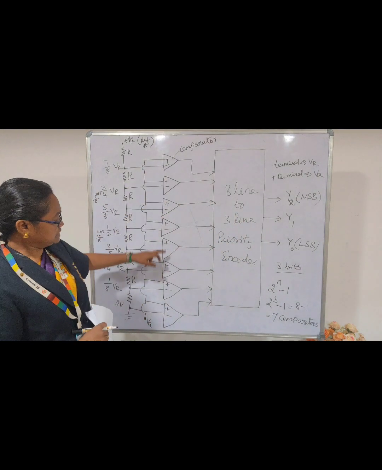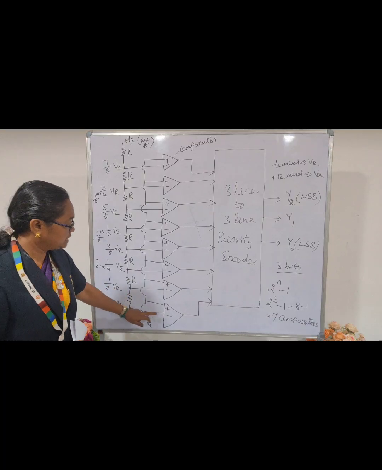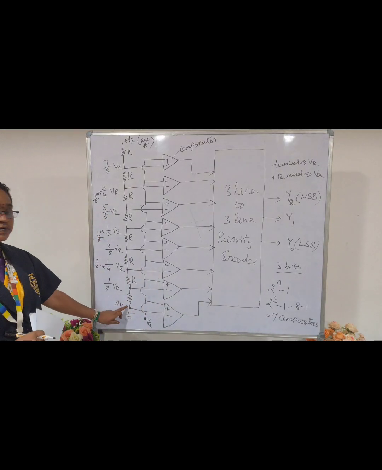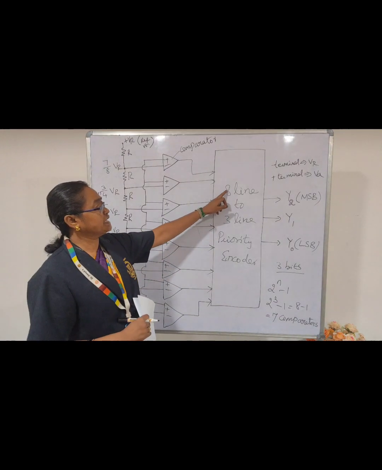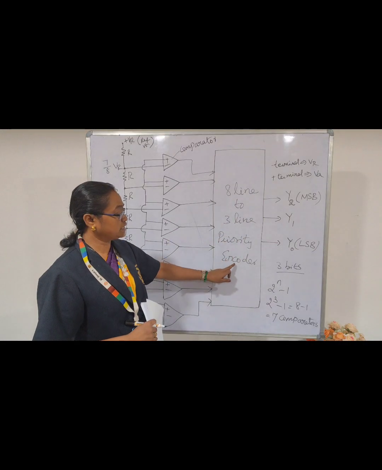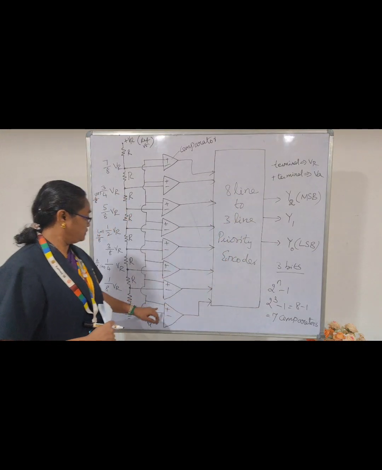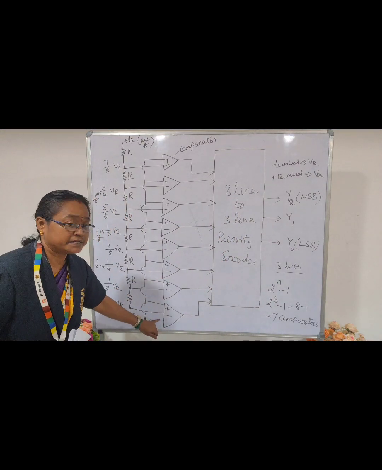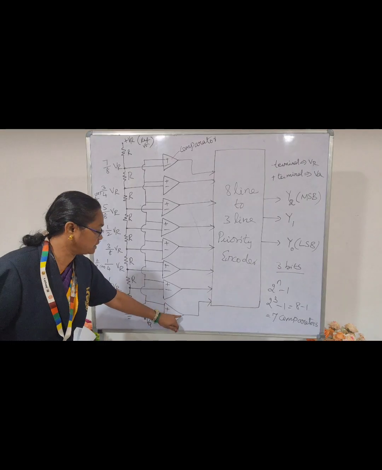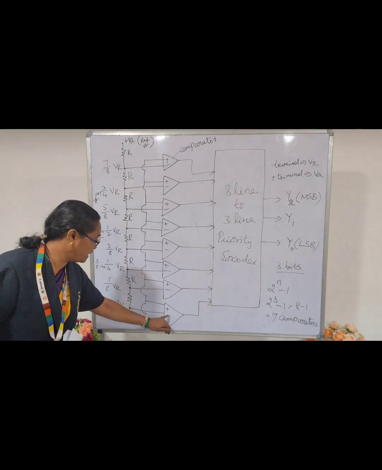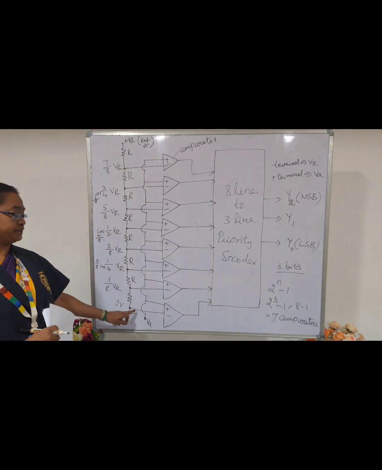Here we are using 8 comparators, so we have to apply 0 voltage because we are using an 8 line to 3 line priority encoder. So we are using one more comparator. 8 inputs we need. That's why we use this comparator, but we have to apply 0 volt for this.